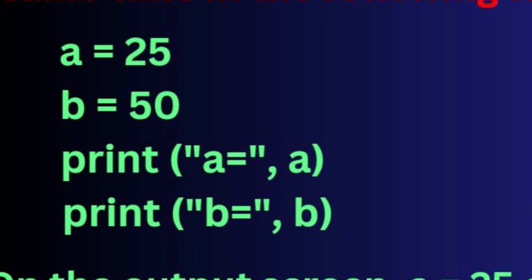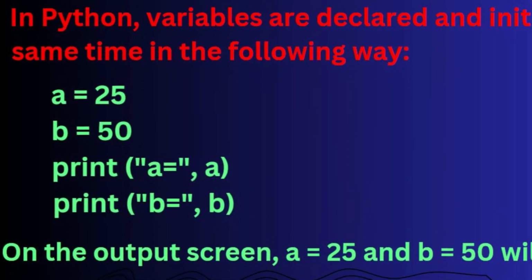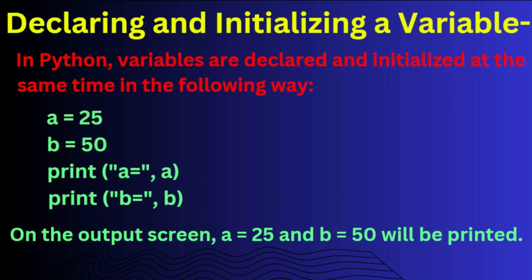Then print within quotation b equals, and then we call b. It displays the value loaded in b.